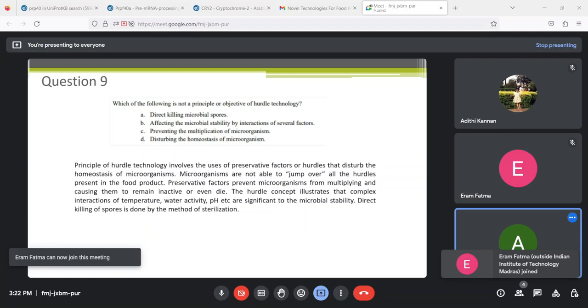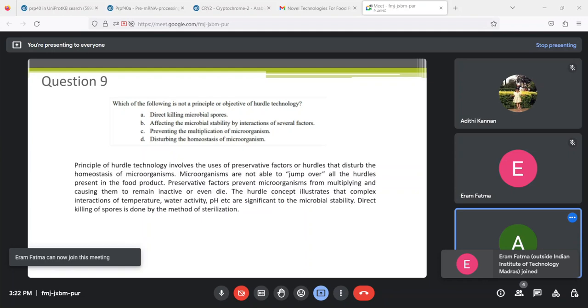So we do not generally involve direct killing of the spores; we are just inactivating the microorganisms as much as possible. Direct killing is generally possible only if you use extremely high temperatures, such as in autoclaving, where you have a temperature of 121 degrees Celsius and a very high pressure.